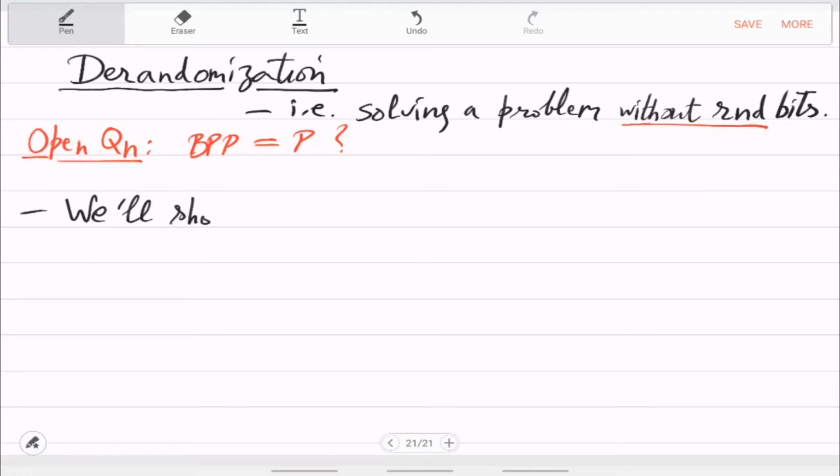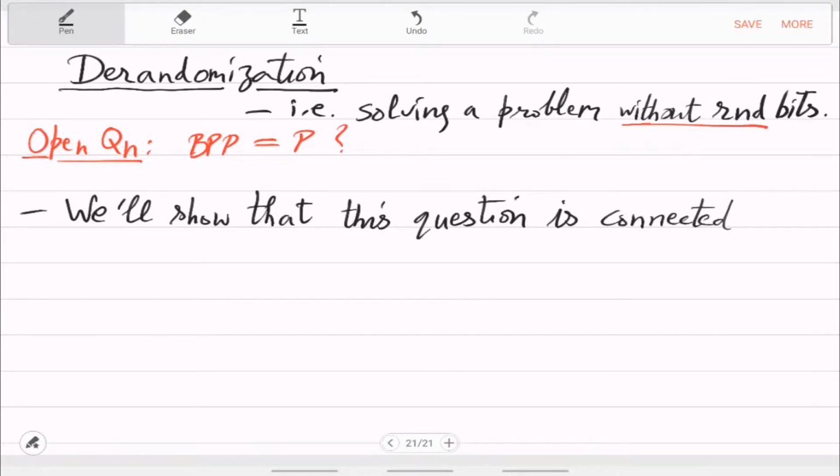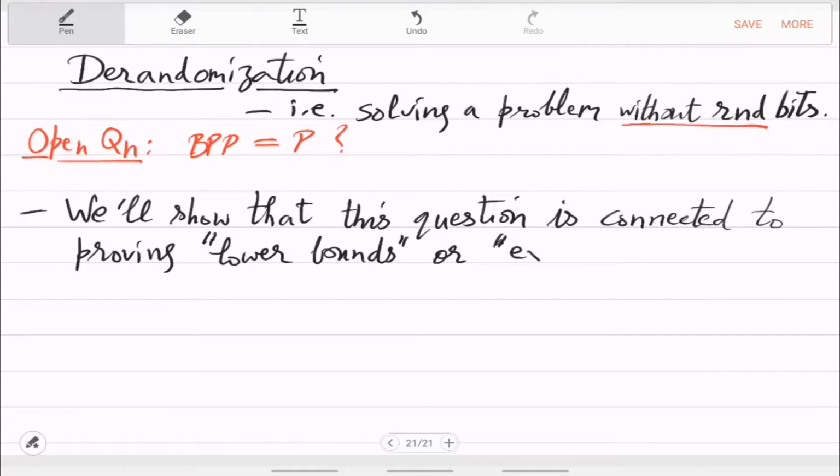So we will show that this question is connected to proving lower bounds or hardness. Explicit hardness.